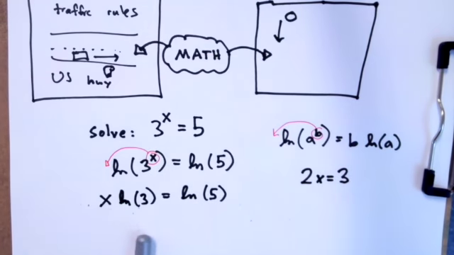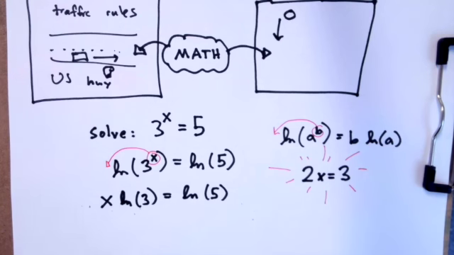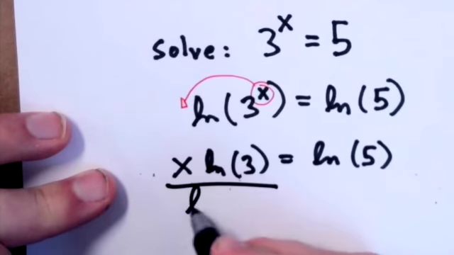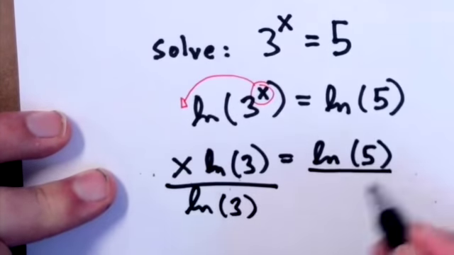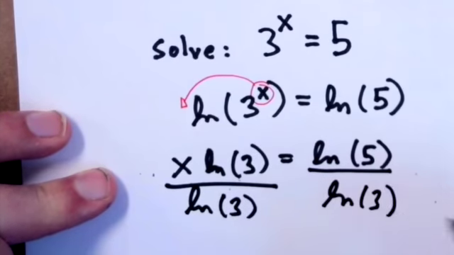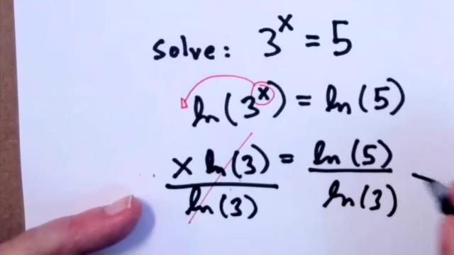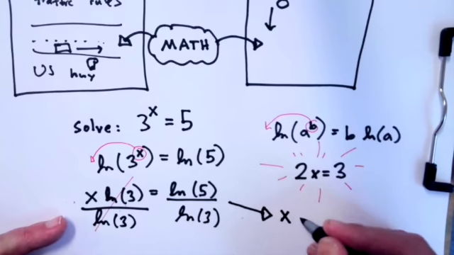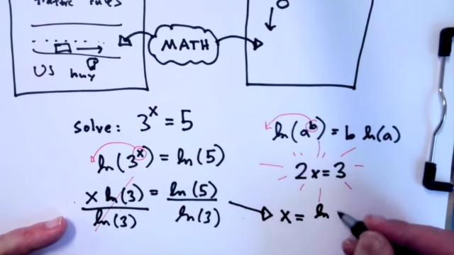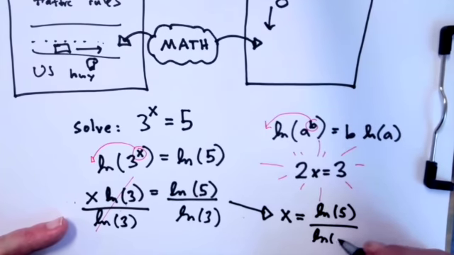It's just that the numbers are wonky looking things like ln 3 and ln 5, but it's just this basic linear equation. I divide by ln of 3 and cancel out. And what that leads me to is that my final answer here is x equals ln of 5 over ln of 3.